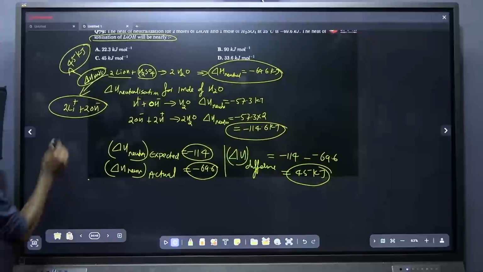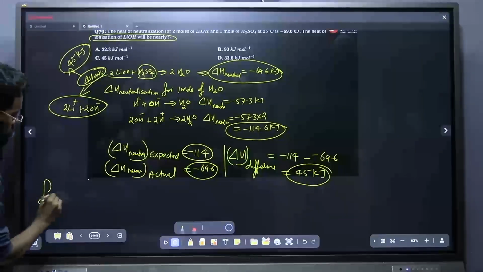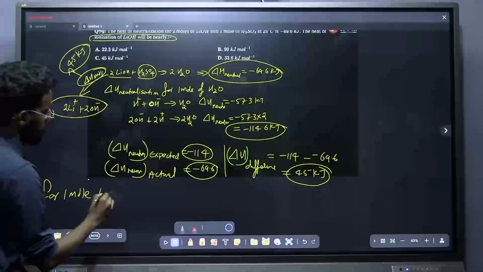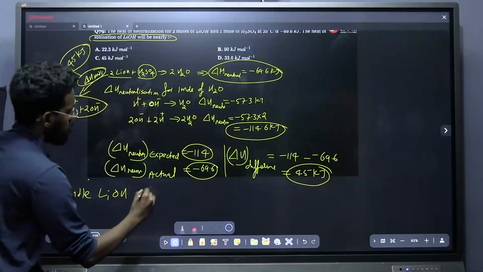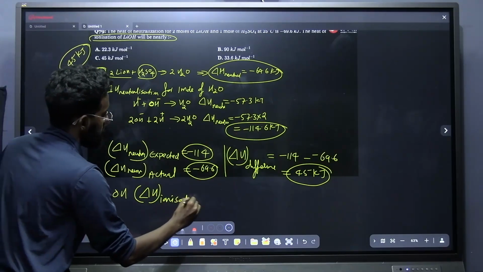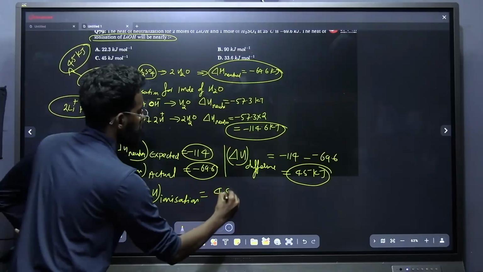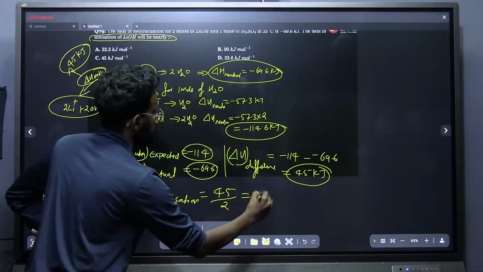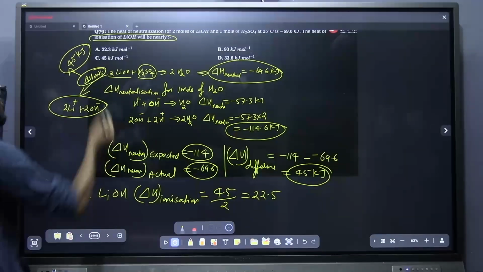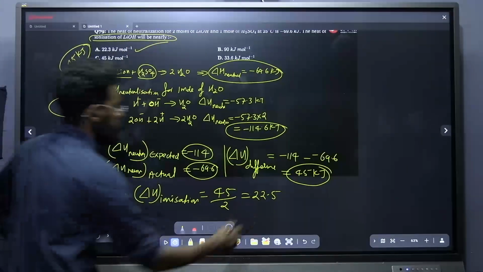Yeah, that I can write. For 1 mole of LiOH, delta H of ionization is equal to 45 divided by 2, that is 22.5. So 22.5 is coming as the answer.